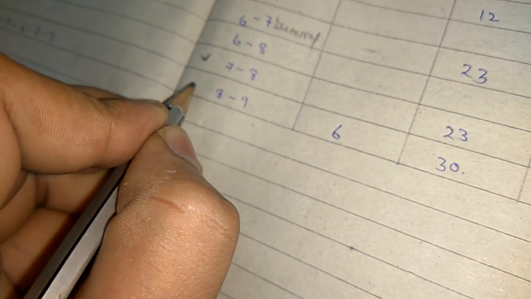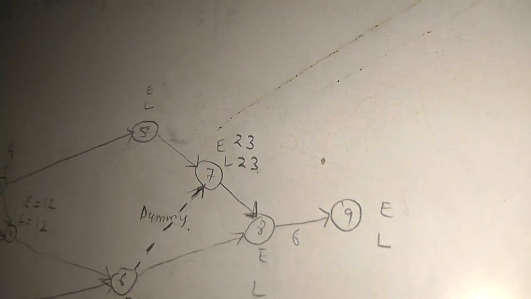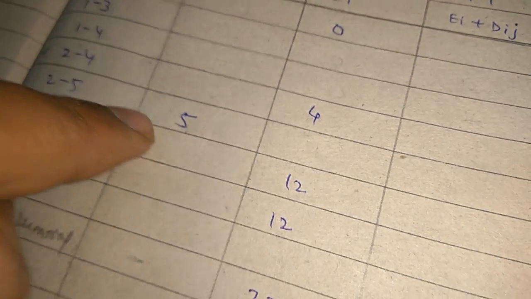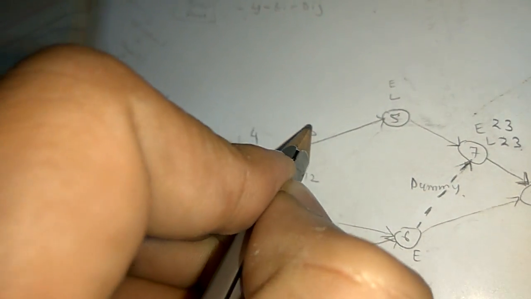Now we are moving to the next one. Between 8 to 9 the duration is given as 6. Between 2 to 5 the duration is 5. So these activities will be completed.